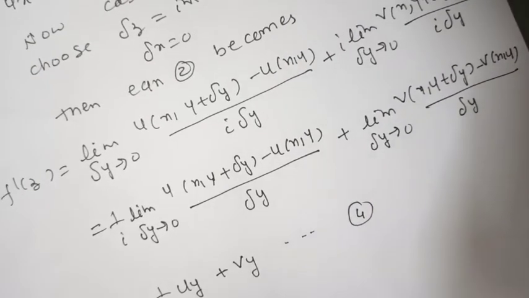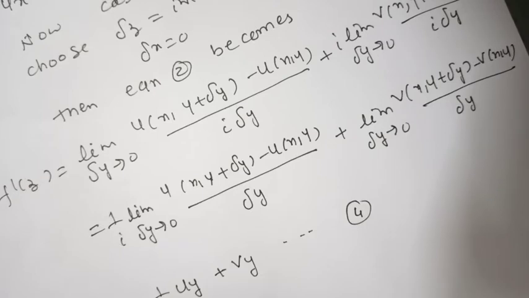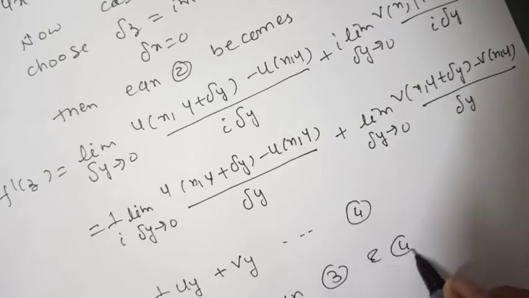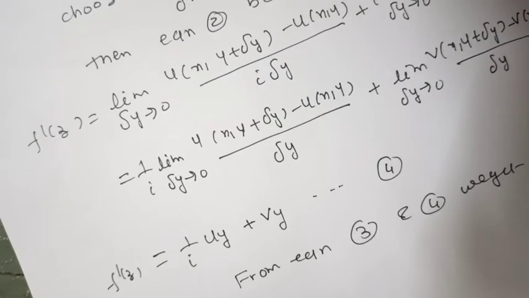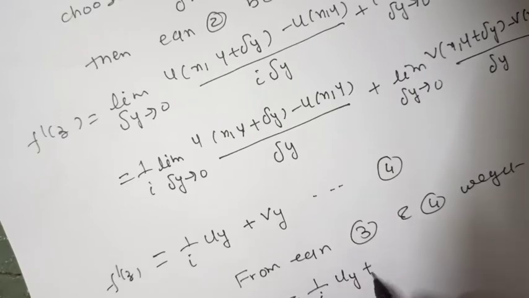From equation 3 and 4, we get ux plus i times vx equal to 1 upon i times uy plus vy.